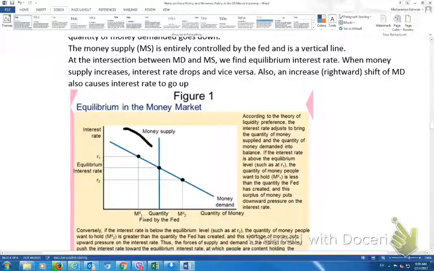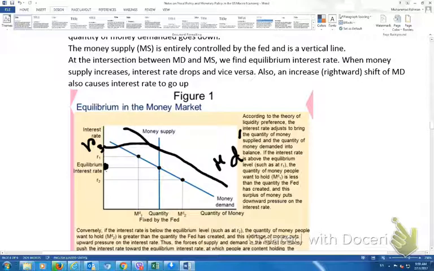Your money demand curve is going to shift to the right, and if it does, notice that your interest rate, which was found at the intersection between the old money demand and the old money supply, called the equilibrium interest rate, goes up to R3 when the money demand curve shifts to MD1. So an increase in money demand increases the interest rate.